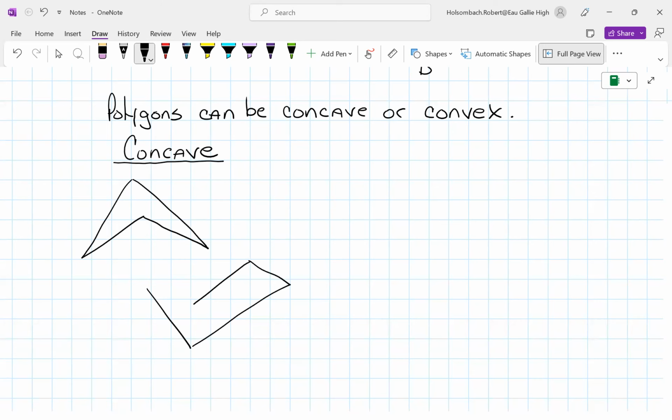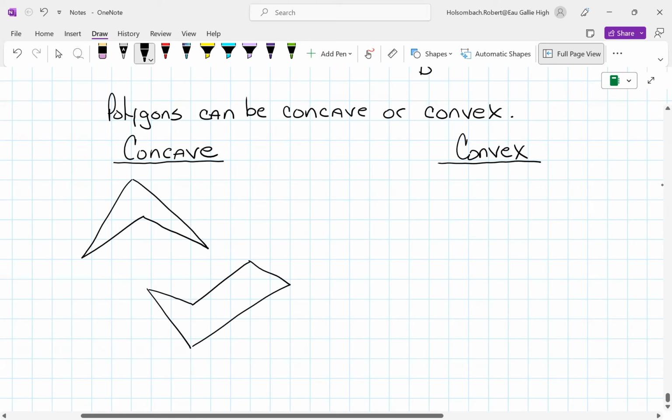Another example of a concave polygon. And then convex polygons.